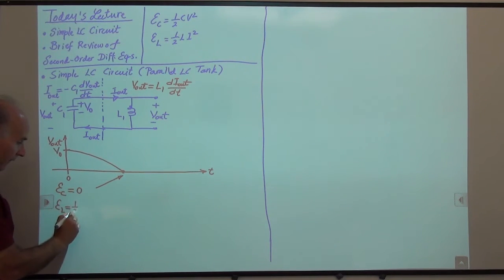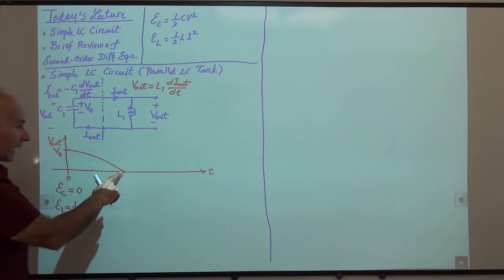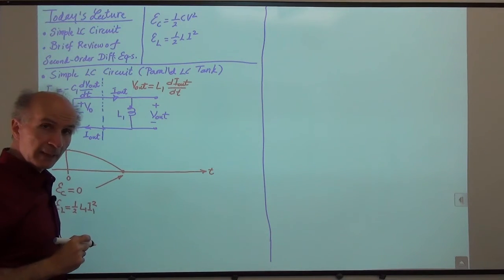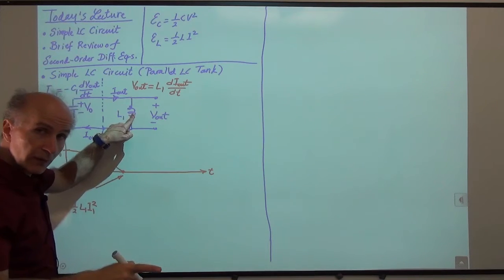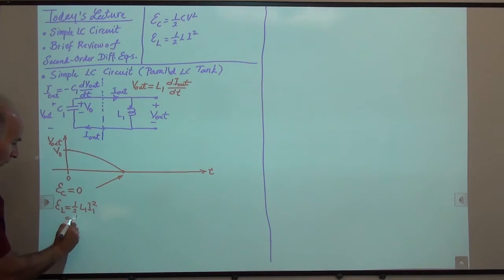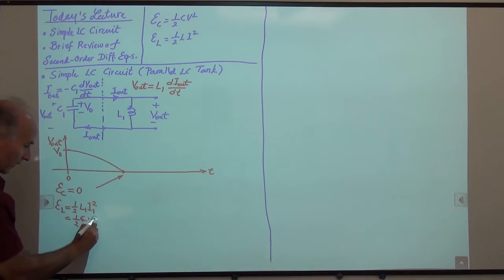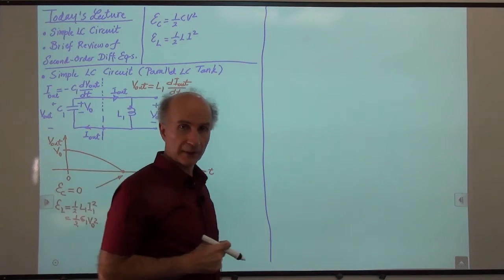It's 1/2 L1 I1 squared, where I1 is the value of I out at this point in time. And the energy in the inductor at this point should be equal to the energy we started with, so that has to be equal to 1/2 C1 V0 squared. So if we want, we can find I1 from this equation in terms of all of the known quantities.